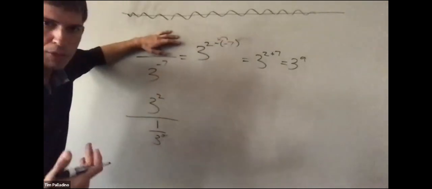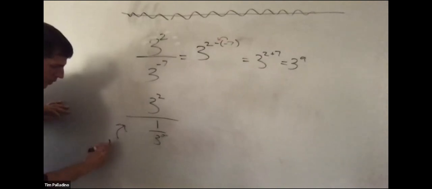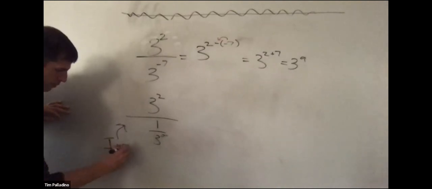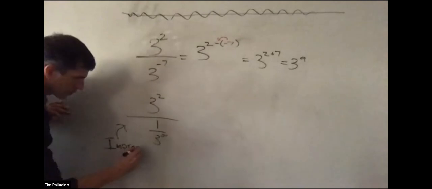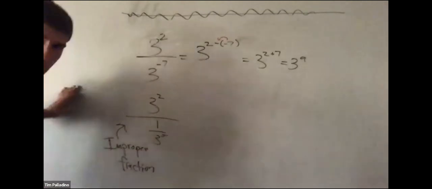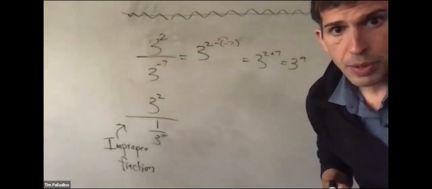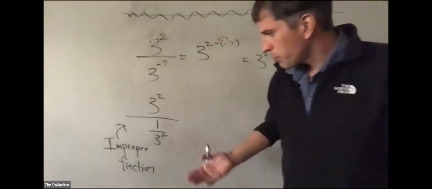In a previous class, you might have heard that this is called an improper fraction. Have you guys heard that term before? Yeah. That number's hard to see, so that's to the 7th power.